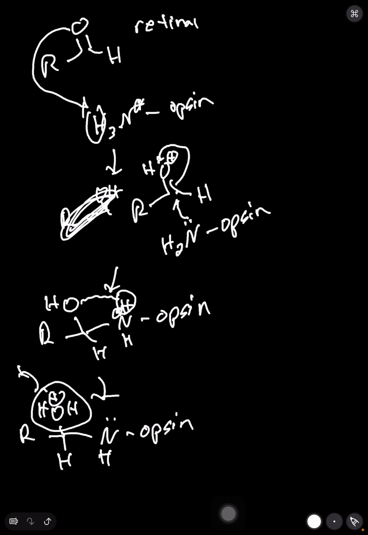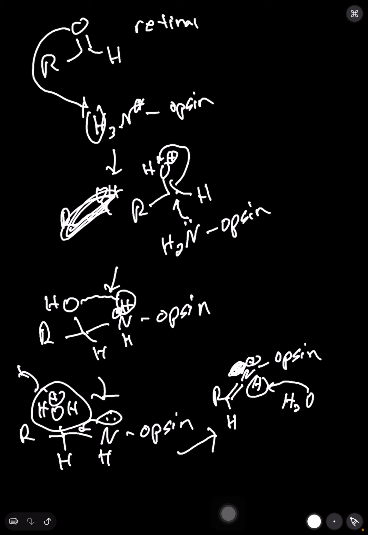So it's going to leave, and at the same time, this pair of electrons on nitrogen can fall into a double bond. And then water can come back, grab that H, and that finishes off your imine linkage.